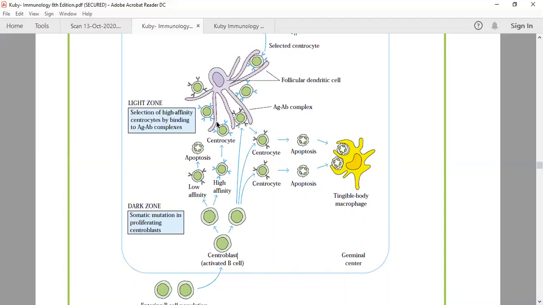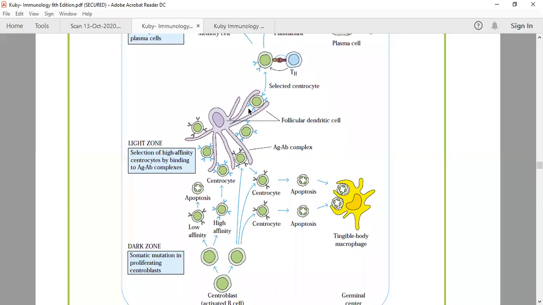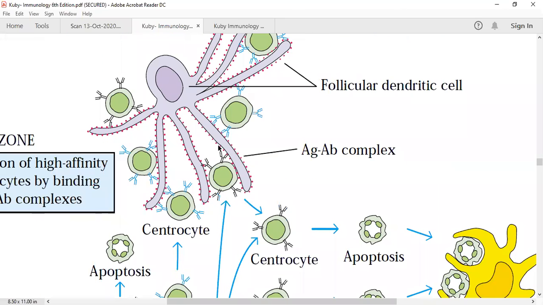over its surface. So these antibodies will bind with the receptors which are present over these dendritic cells. These are called follicular dendritic cells, which have long processes, and over these long processes there are red colored things. These red colored things are actually receptors for these antibody molecules.